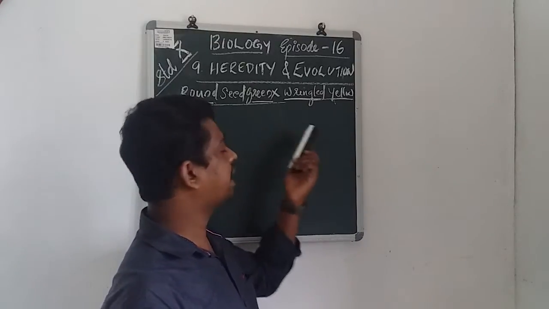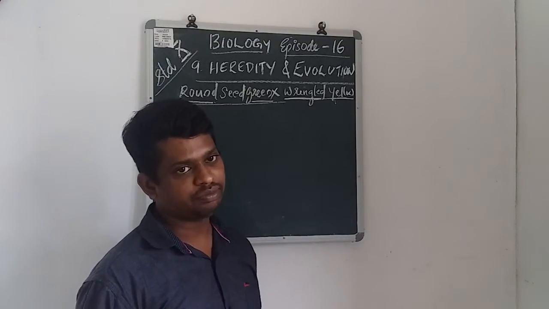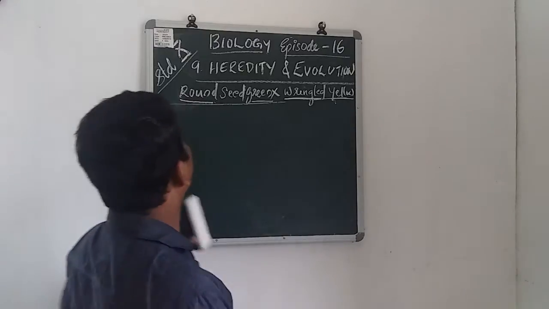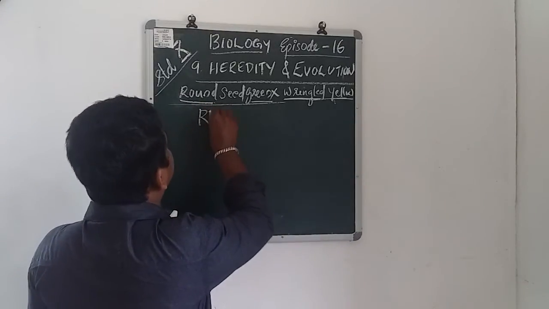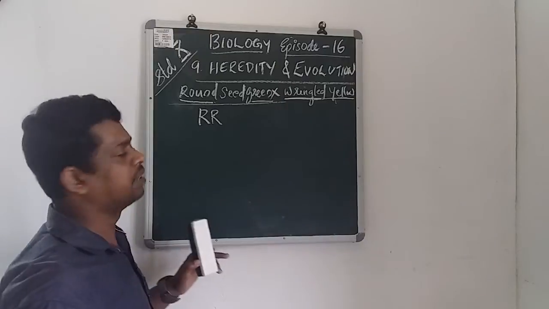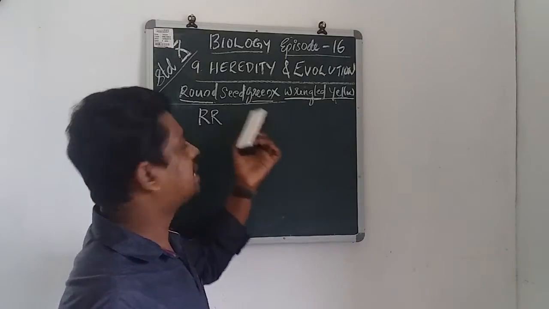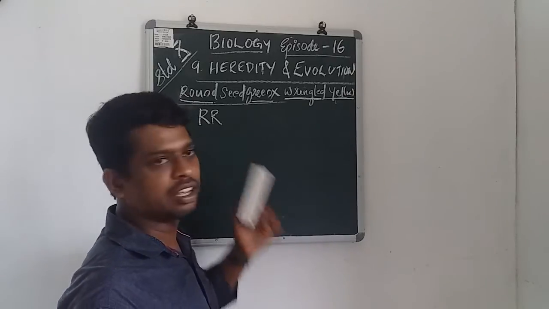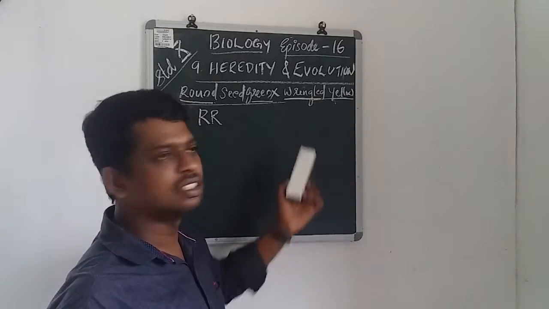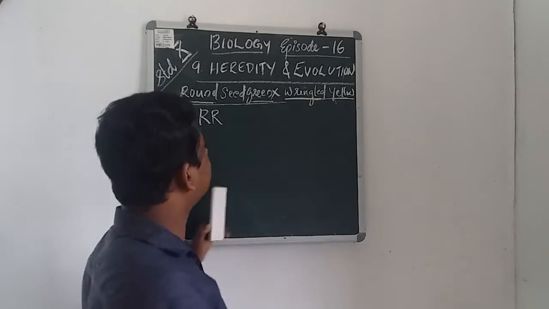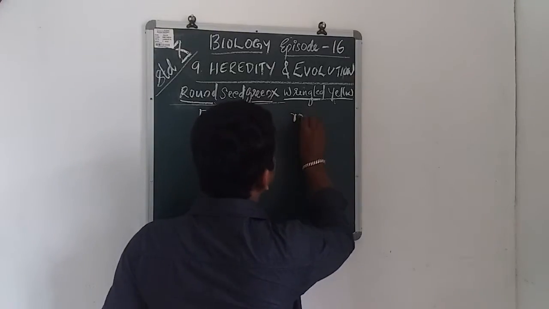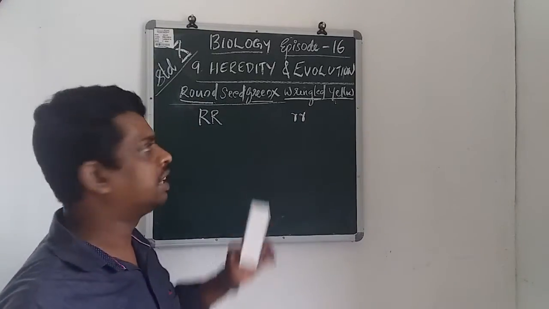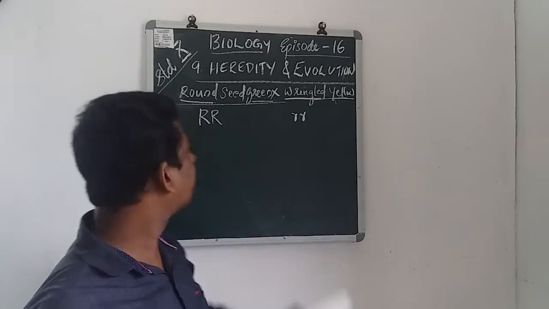In this topic we are writing the genes of these characteristic features. The round seed has genes capital R, capital R. The wrinkled seed is small r, small r.